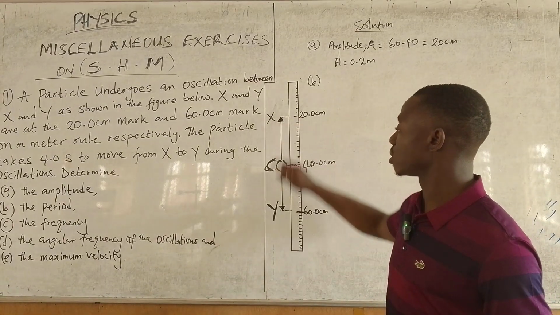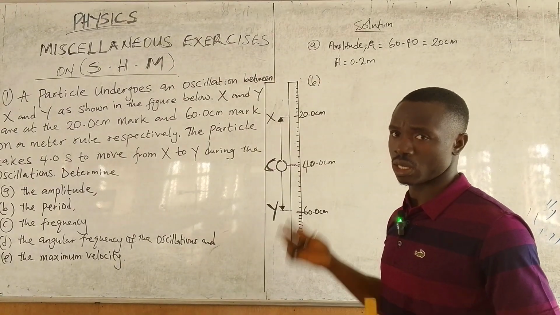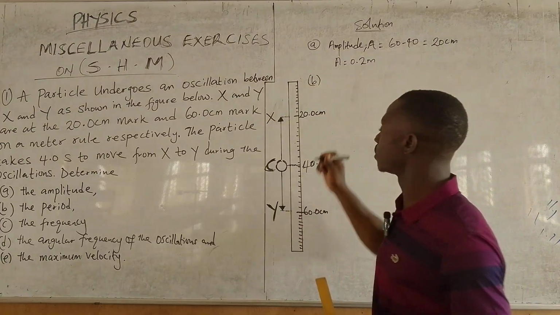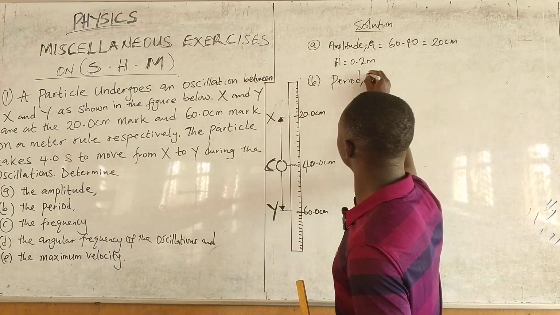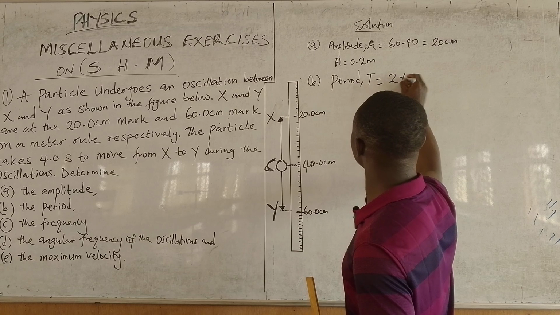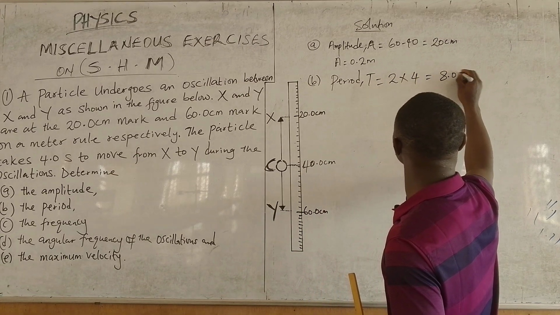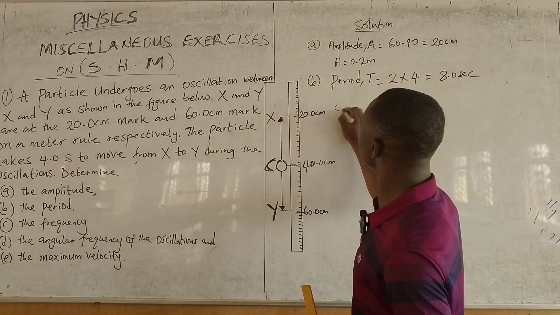That's twice the time taken to travel from X to Y, isn't it? The answer is 4 times 2. So period T is 2 times 4, which is 8.0 seconds. That's it.